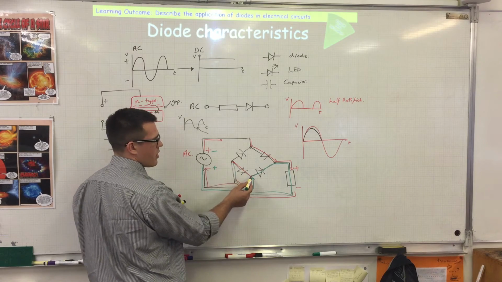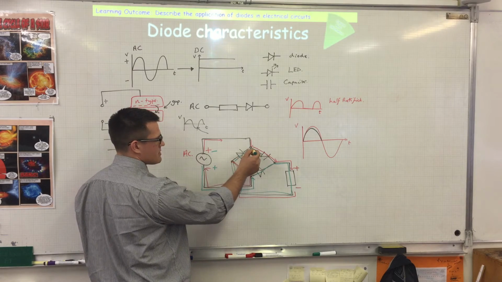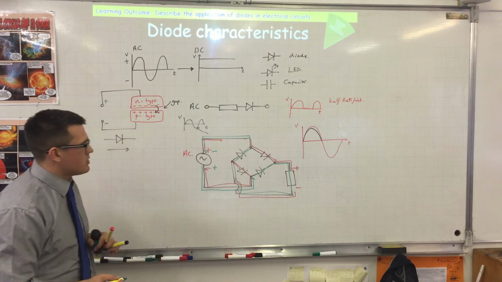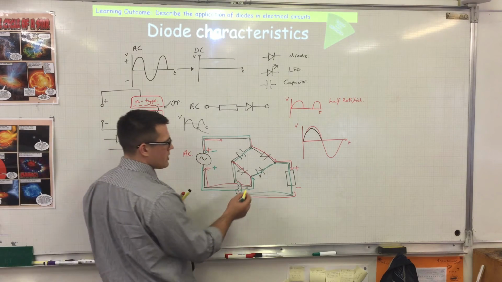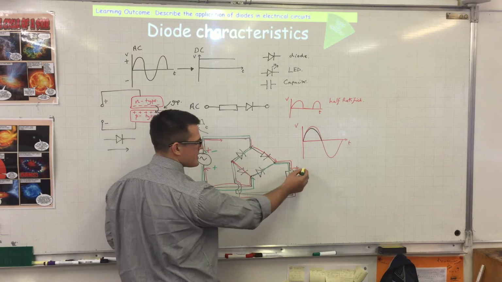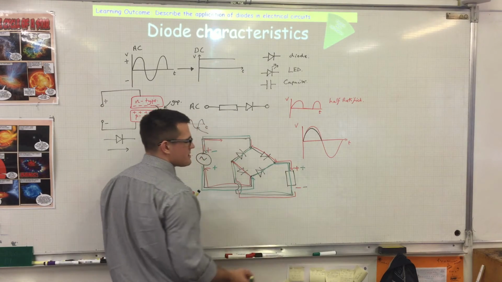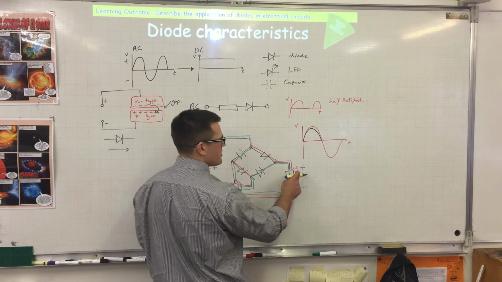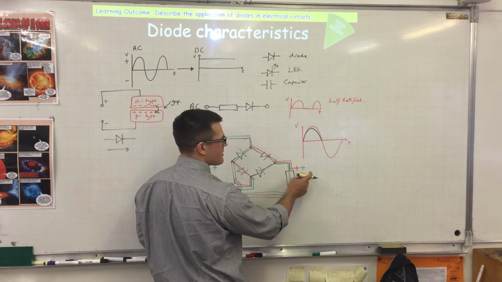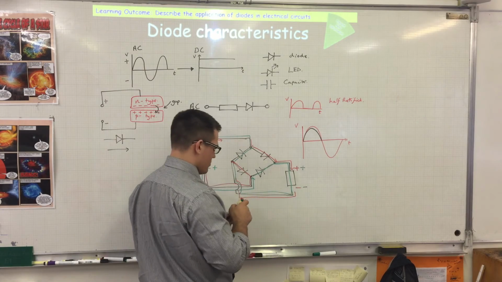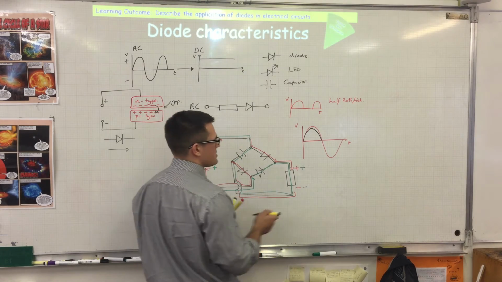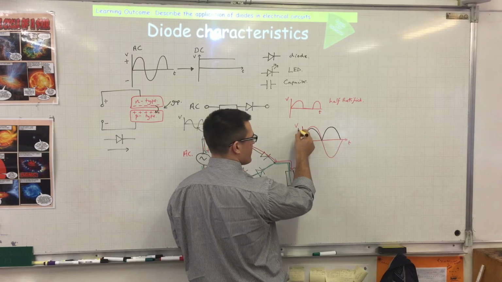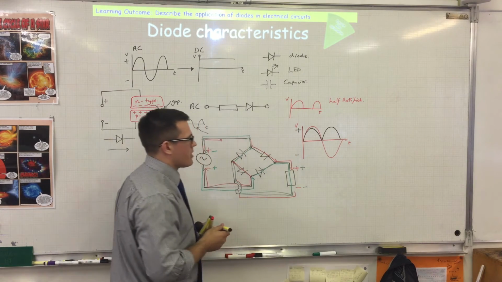And remember the rule, it can't go back to where it started, so it will go through this diode, back, and then back into the battery. So a slightly different path. The point, though, is that it still goes through the resistor the same way. It's still going to have the same voltage drop, positive to negative. Because this end of the resistor is still positive, it will still be slightly less because there's a voltage drop, but it will be in the positive part of my graph.